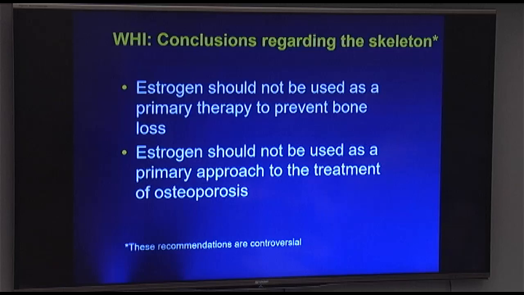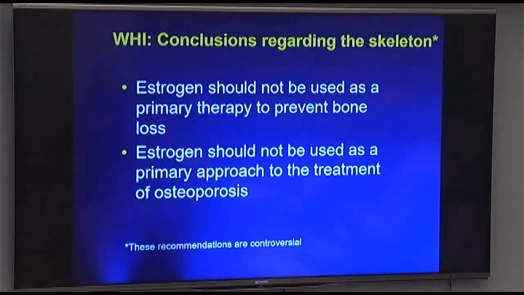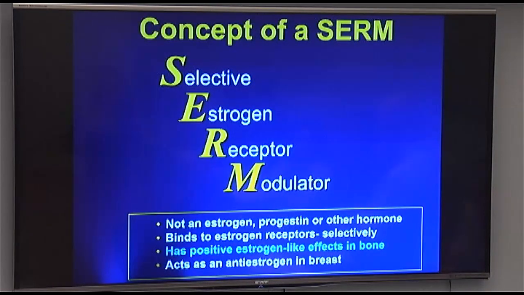But it has a little bit of a shroud over it because of some of the potential risks that patients may be exposed to. So it's very controversial as to whether or not we are going to use estrogen and who we're going to use estrogen for. So I'm going to just spend another 5 minutes because I have to go somewhere soon.